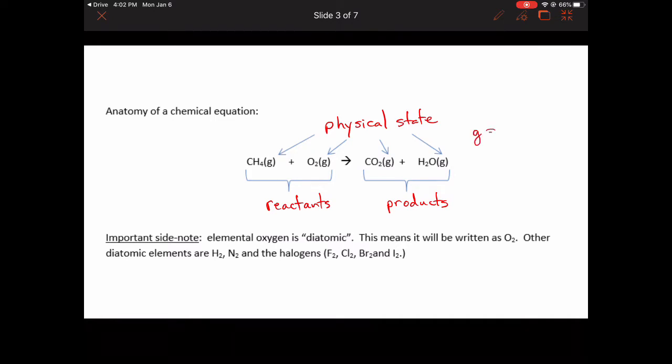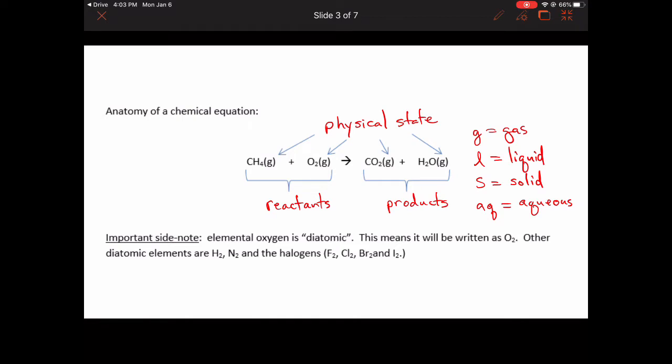So you have G, which is gas, you have L, which is liquid, you have S, which is solid, and you'll also see AQ, which means aqueous, which means dissolved. So like salt water would be aqueous NaCl.